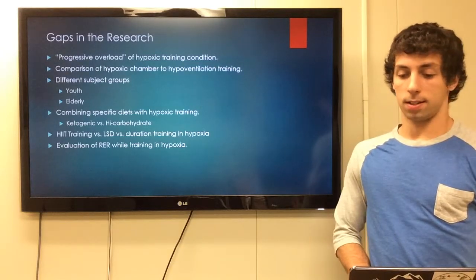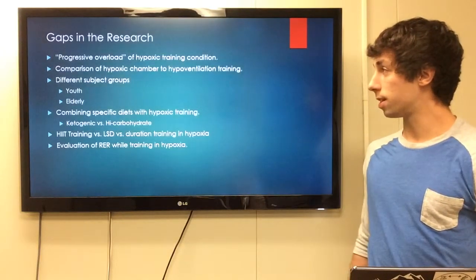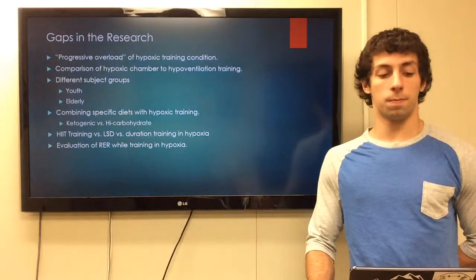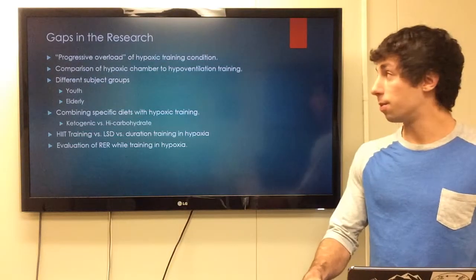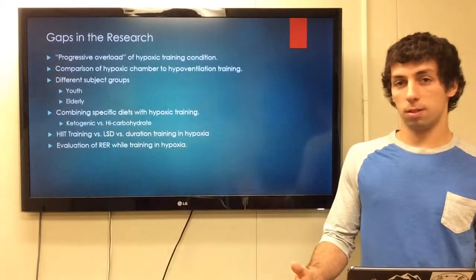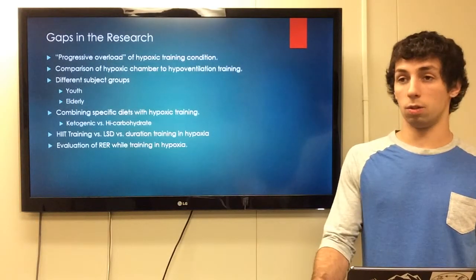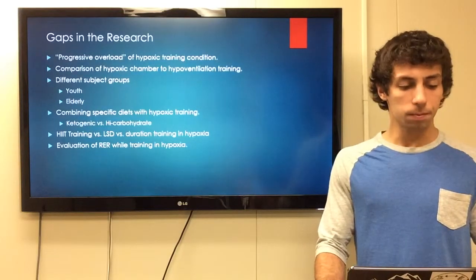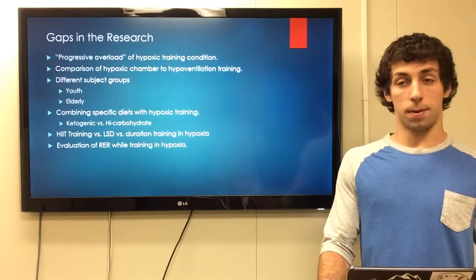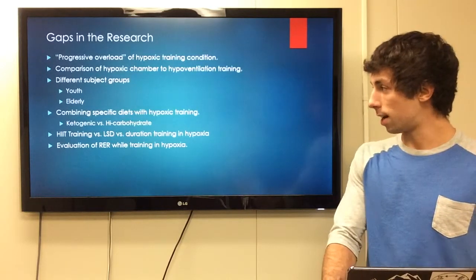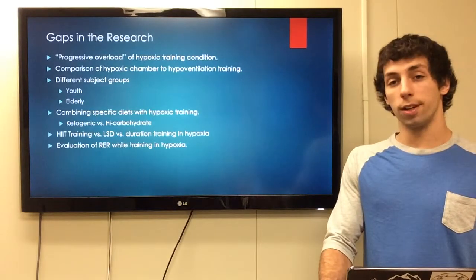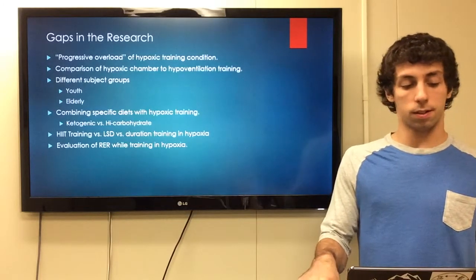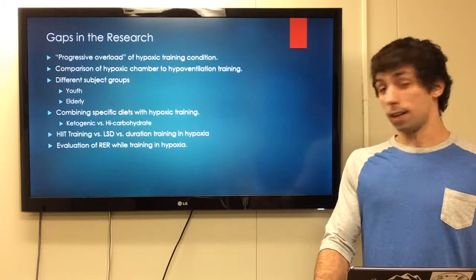So ways that hypoxia could be researched in the future to see its effect on obesity would be progressive overload of hypoxic training condition, comparison of hypoxic chamber to hypoventilation training, different subject groups such as how hypoxia in exercise affects the youth or how it affects the elderly, again taking caution with both of these groups, and then combining specific diets with hypoxic training, such as the ketogenic, high-fat, low-carb diet versus the carbohydrate-loading, high-carbohydrate diet, and then high-intensity interval training in hypoxia versus long, slow duration in hypoxia.